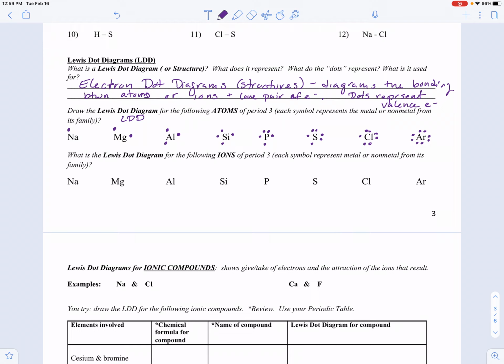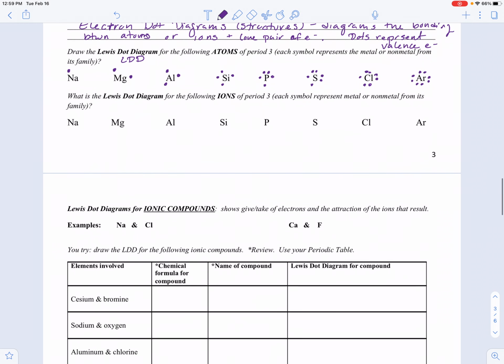So now we're also going to draw our Lewis dot diagrams for ions, because the first type of Lewis dot diagram we're going to learn how to draw is for ionic compounds. So sodium had 1 valence electron. It's going to lose that valence electron, so that valence electron is going to disappear. We know that the undershell has 8, but we're not going to draw those. What we're going to do instead is just say it now has a positive charge.